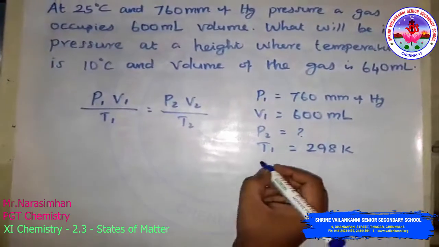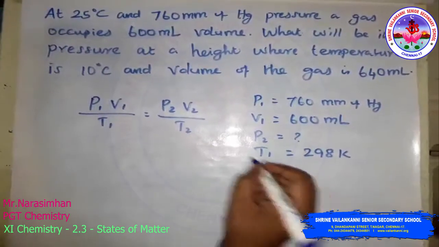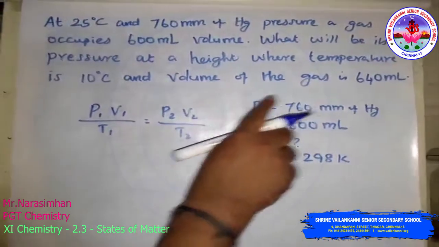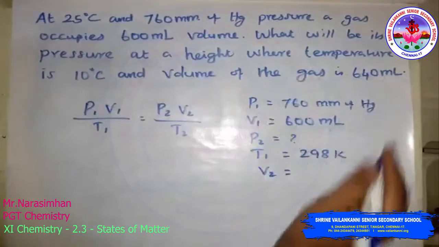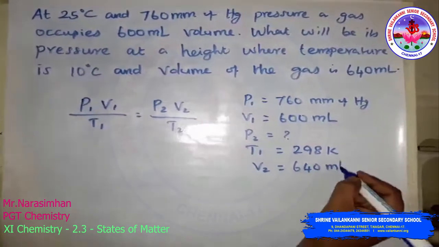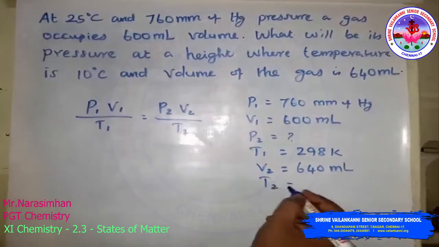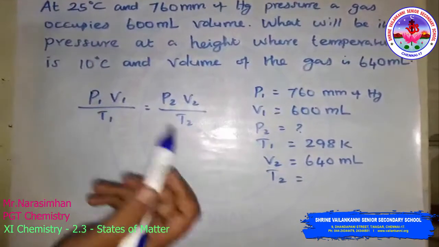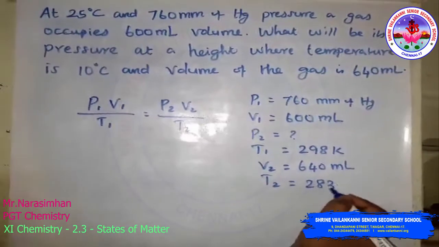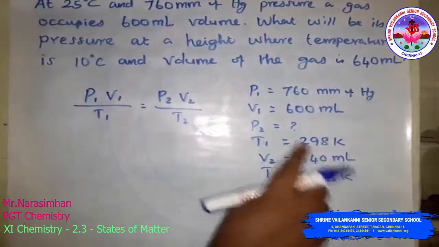Then V2, the volume of the gas is 640 ml. And the temperature T2, the T2 is what? 10 degrees Celsius. It will convert to Kelvin. 10 plus 273, it will become 283 Kelvin. So this is the value.